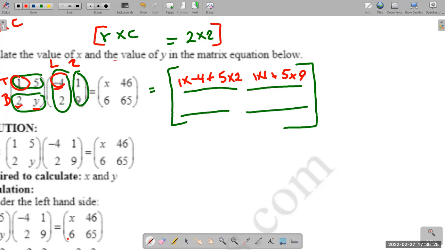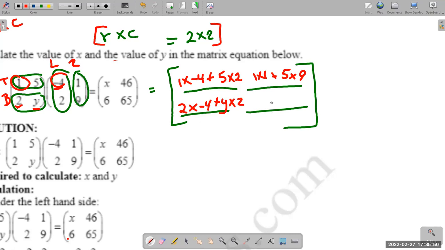The first two numbers are 2 times -4. You see that? Now let's look at the second numbers in the same row and the same column, which would be what? So you put your plus, so it will be Y times 2.